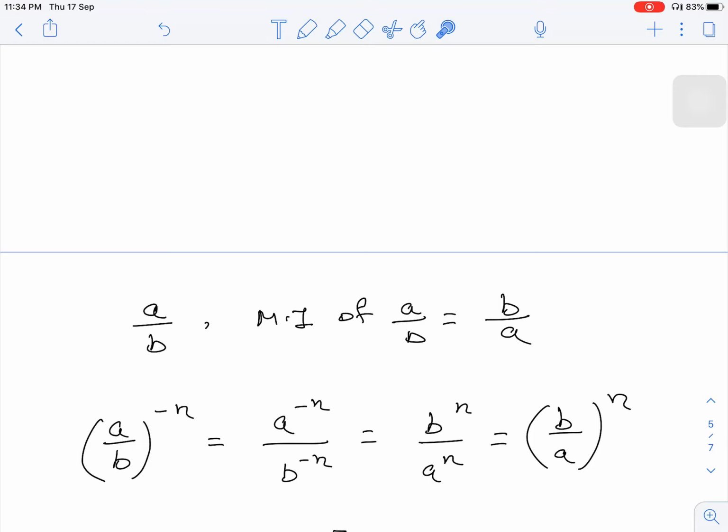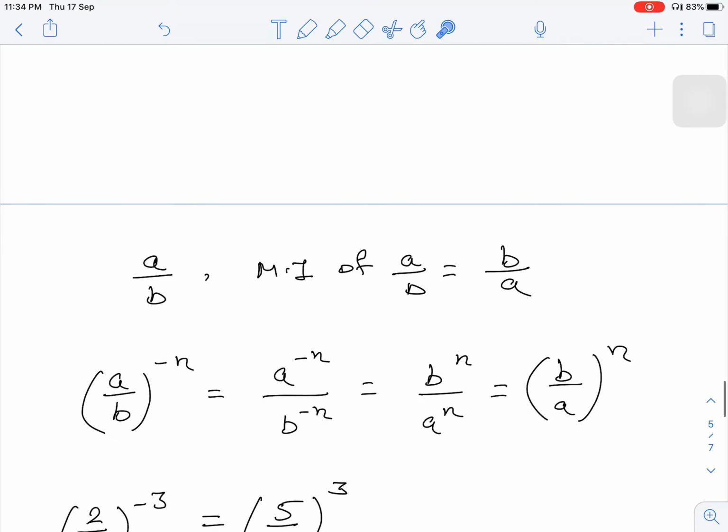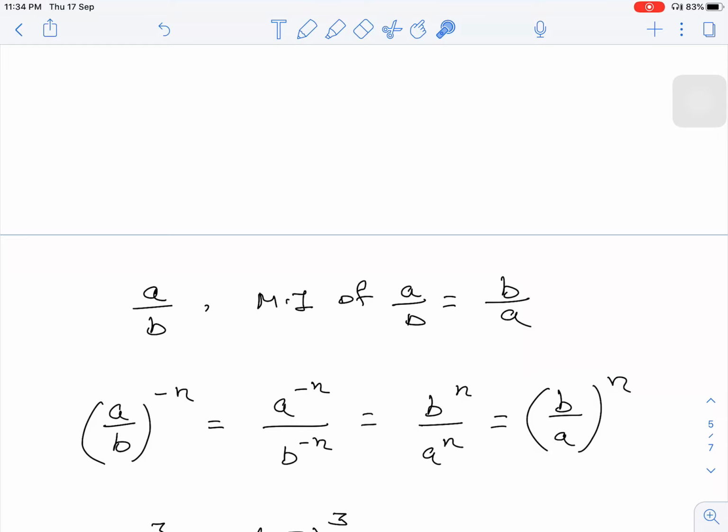Now this concept we are going to use further. Suppose we have a number (a upon b) raised to minus 9. Remember, first, since only one power is there, it applies to both the numerator and the denominator. So it can be written as a raised to minus 9 over b raised to minus 9.